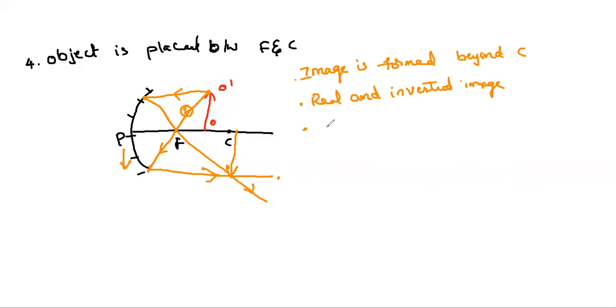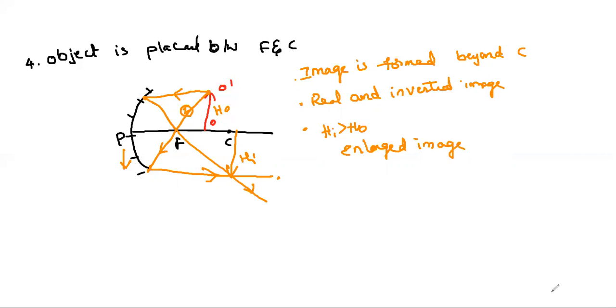Next, and coming to the last characteristic, if you compare the height of the object with the height of the image, the image is more than the height of the object, so it is an enlarged image.